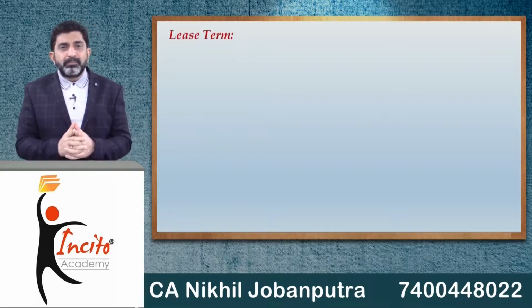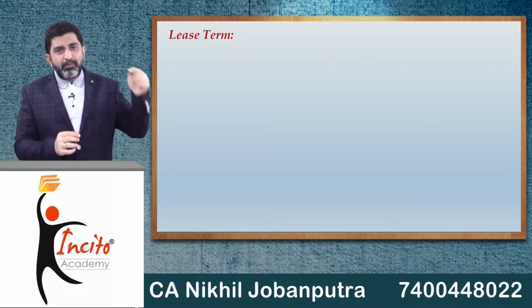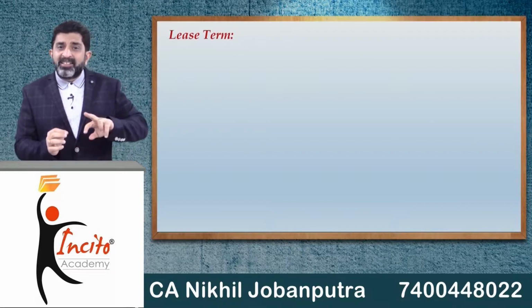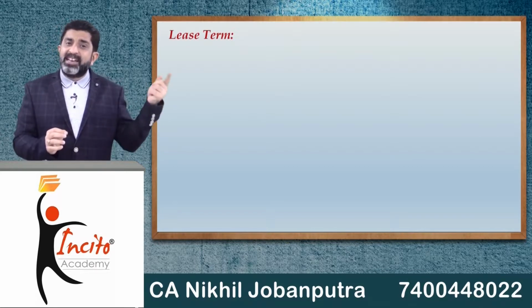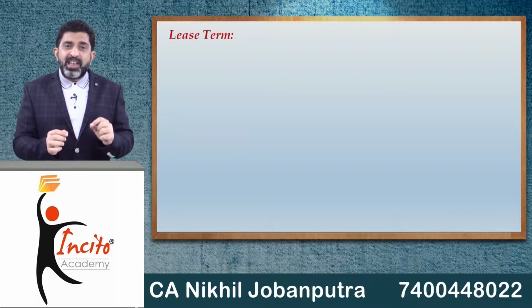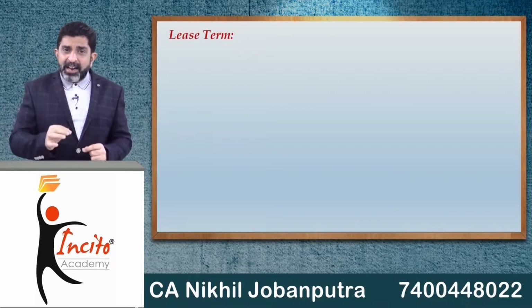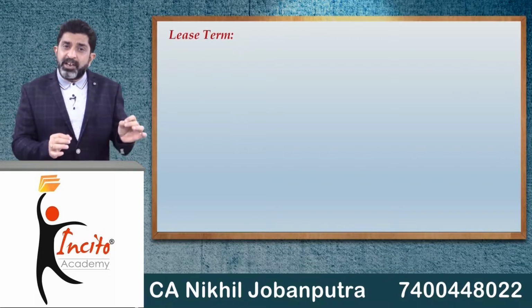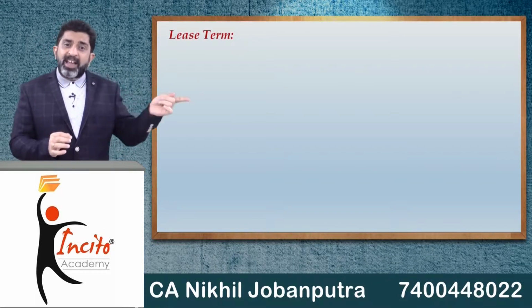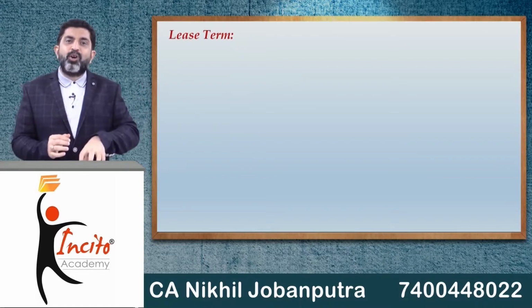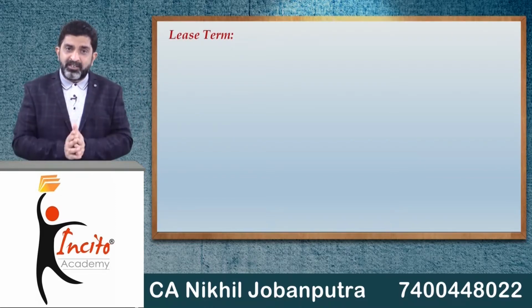So, the idea is very clear. You have to again look at the reasonable certainty of exercising or not exercising that termination option. Because it is a termination option, at the commencement date, if the lessee has reasonable certainty of not exercising the termination option, then you will include those 4 years also as part of the lease term.